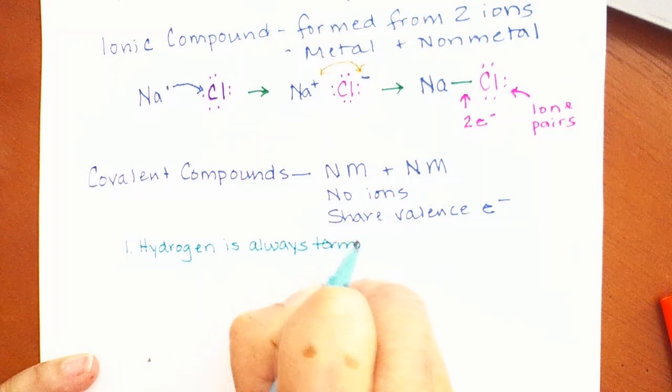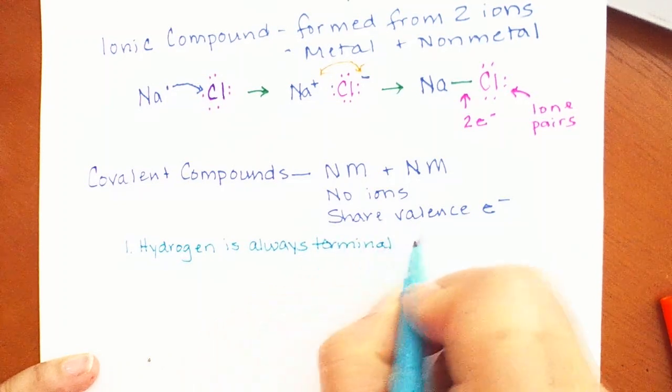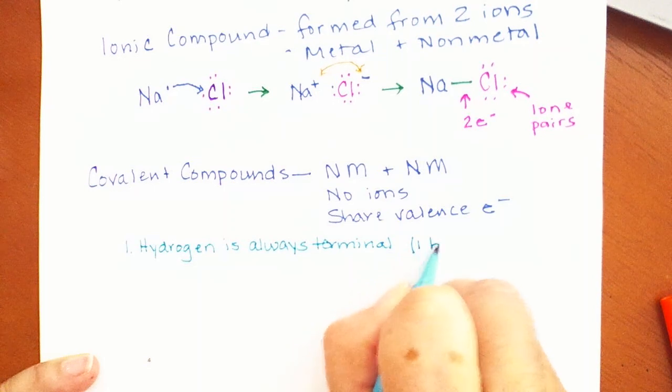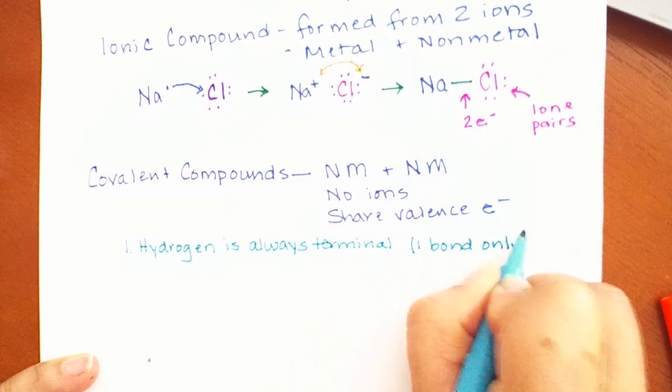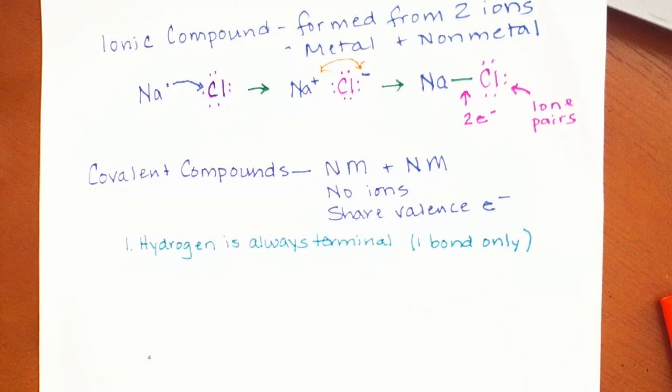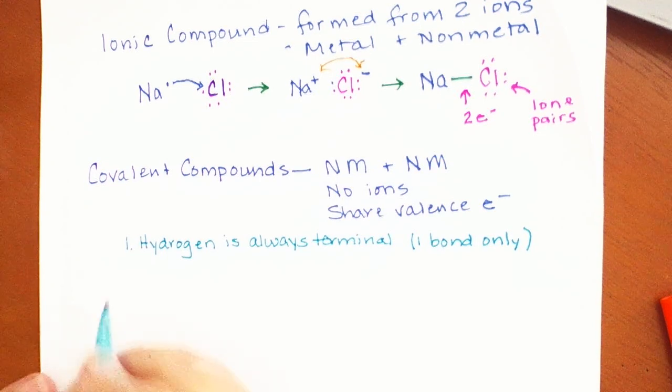And if it's always terminal, that means it only has 1 bond. You'll never have 2 bonds coming off of hydrogen because hydrogen only has 1 electron to give and only has 1 place for bonding.